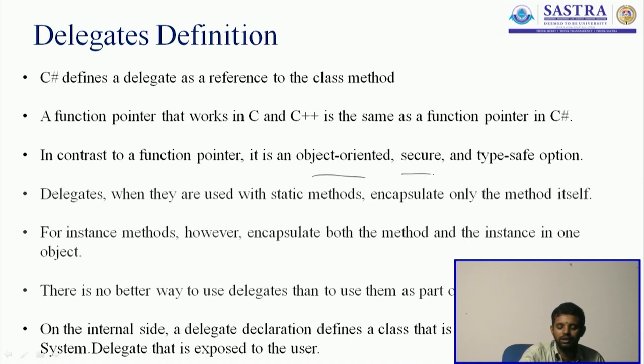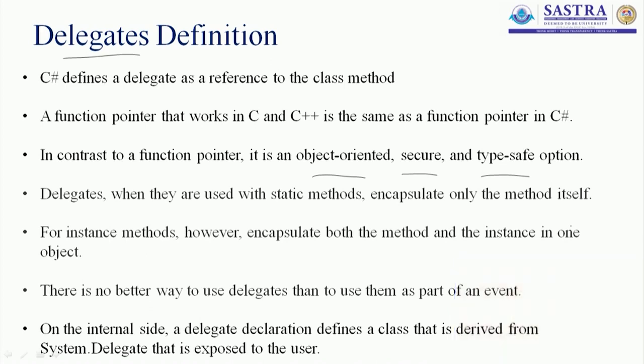It is also secured, and type safe options are included, so that we can confidently use delegates, right? Yes, obviously delegate methods can be used with static methods as well as instance methods, right?